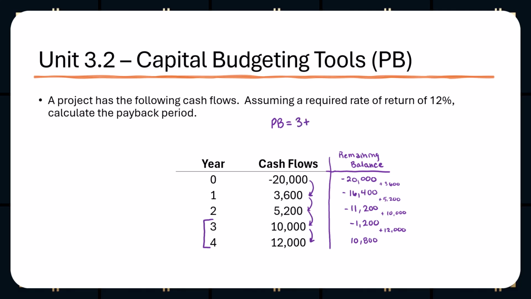That something is the absolute value of that remaining balance divided by the next cash flow that will be received. So I take the 1,200 and I divide it by the 12,000, and what I find is that the payback period for this particular firm is 3.1 years on this project.